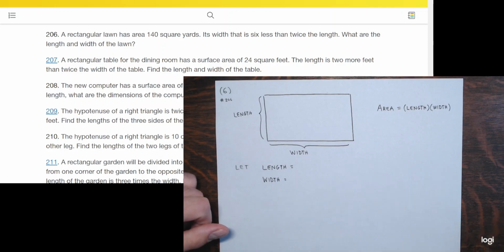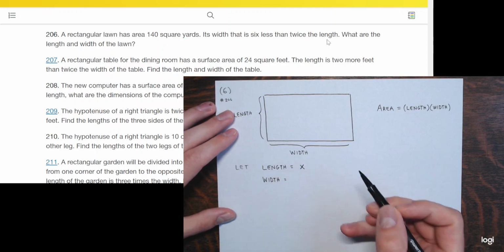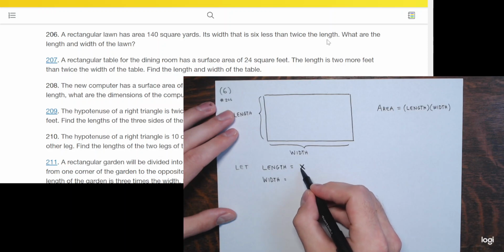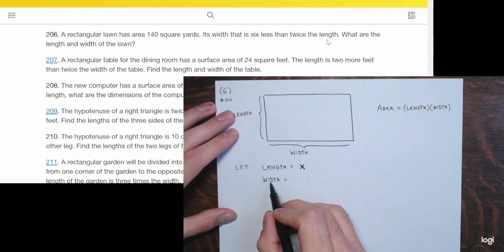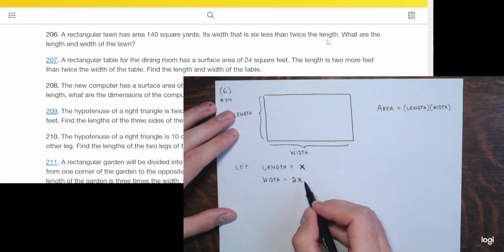They told us, its width is 6 less than twice the length. So if I call the length x or L or whatever you want to call it, the width is 6 less than twice the length. Well, twice the length would be 2x, and then 6 less than that would be minus 6.